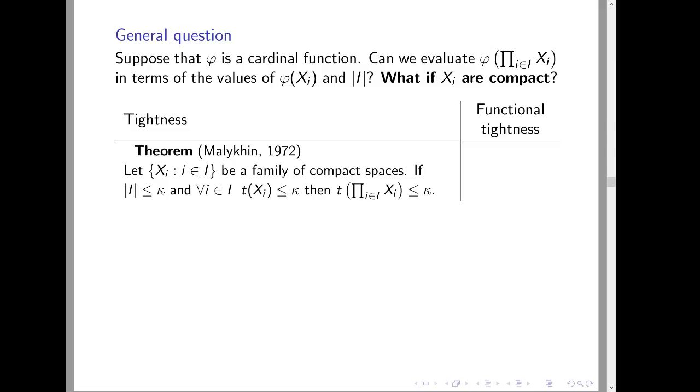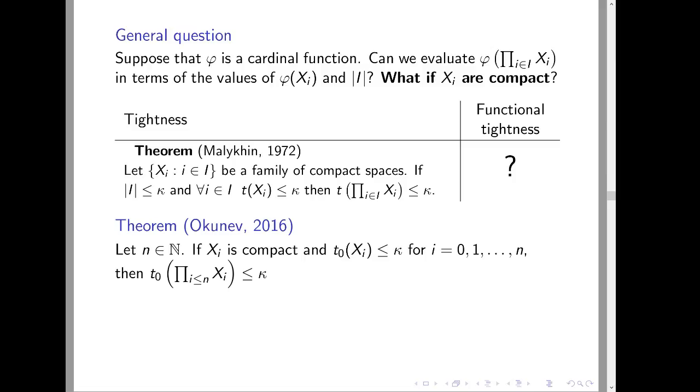What about the functional tightness? Well, this is the main question in this talk. Is there a counterpart of Malykhin's theorem for functional tightness? This is not my question. This question was posed by Okunev, who studied productive properties of functional tightness.